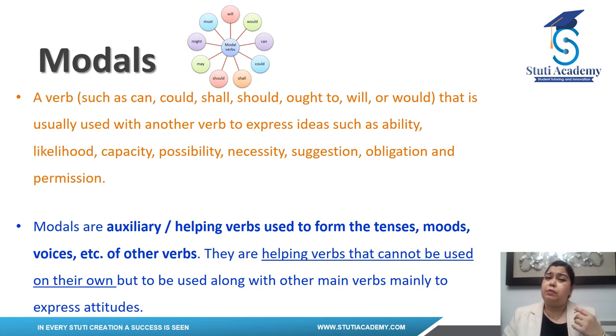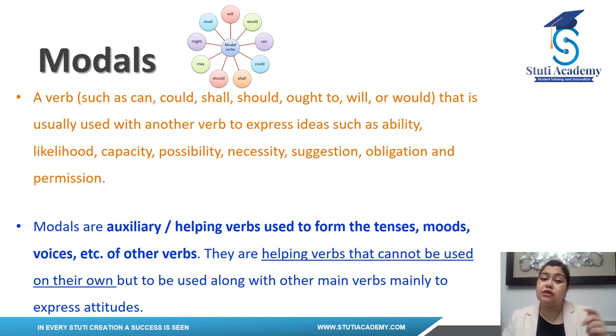It can be a verb such as can, could, shall, should, ought to, will or would, which is usually used with another verb to express ideas such as ability, likelihood, capacity, possibility, suggestion, necessity, permission or obligation.